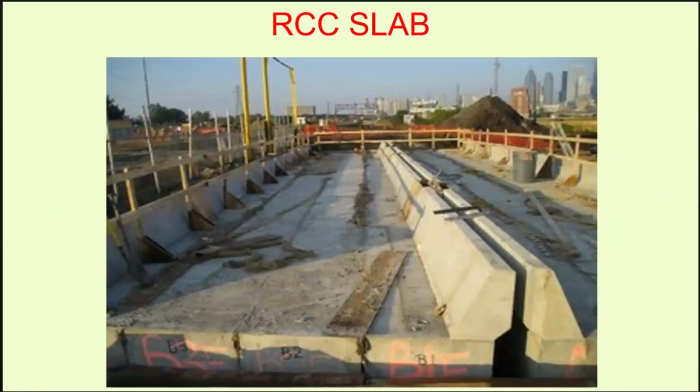Then there are RCC slabs. These slabs are generally up to 12 meters. In these slabs there will be two main units which are going to support the track and the ballast mainly, and then there is a third unit which is known as the ballast retainer. So vertical load from the track will come to the middle slabs.